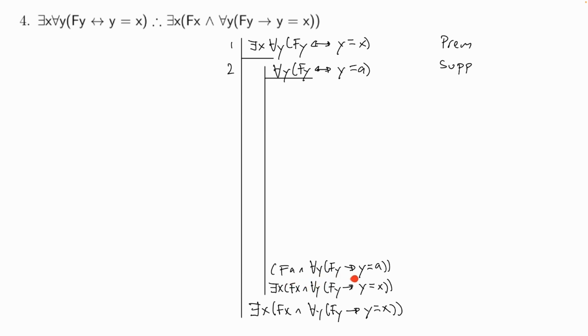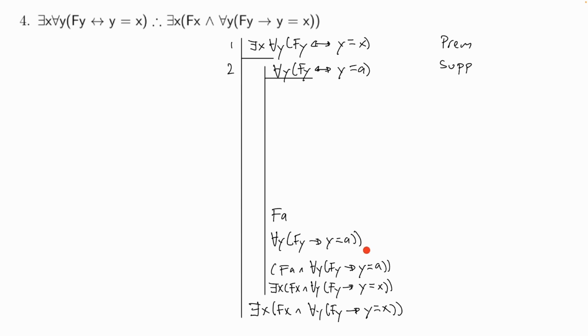Presumably, we're going to get this formula by deriving these conjuncts separately and then putting them together. So we're going to want to get Fa and this on their own lines. So let's write down Fa, and for all y, if Fy, then y equals A.